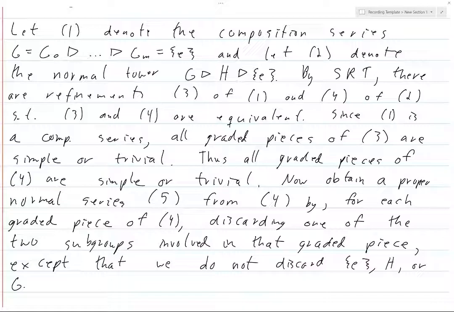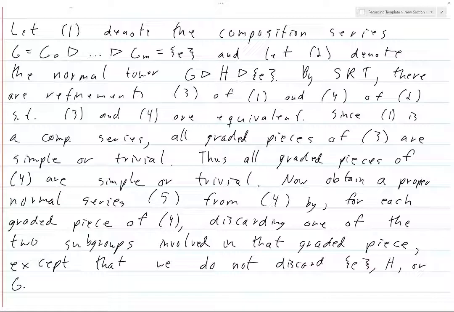So one of the two subgroups will be normal in the other one. And so once you get to such a graded piece, you're going to have to remove one of these subgroups from the normal tower, either the top one or the bottom one.